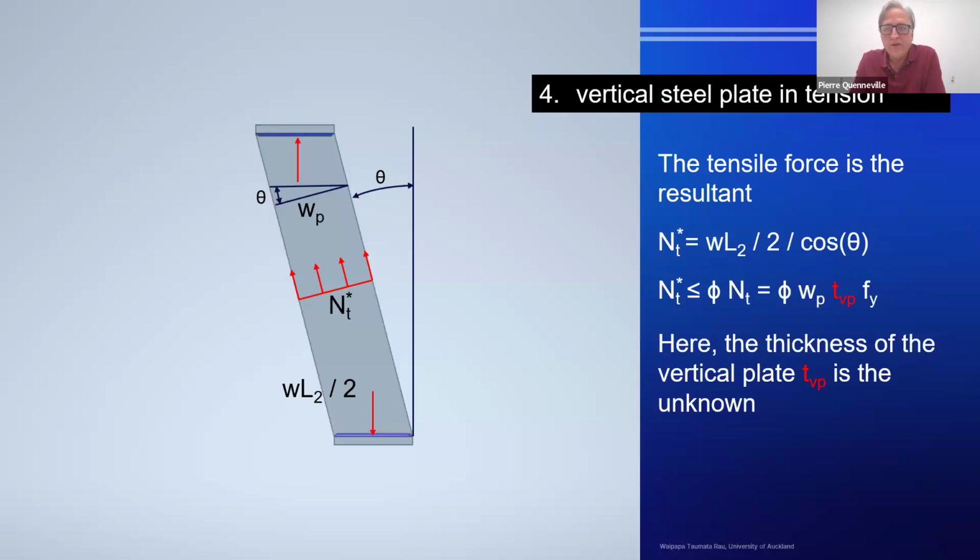We know the tension force. It's the reaction divided by the cos of the angle. And at this point, the only unknown is the thickness of the plate. And we just need to make sure that our tensile resistance is as high or greater than the tensile force.